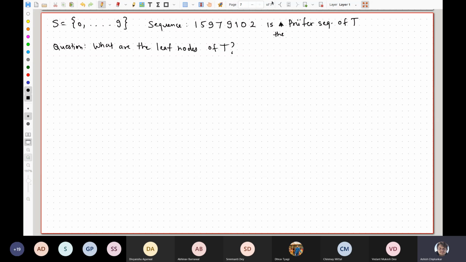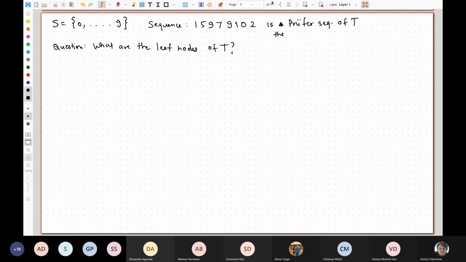Yeah, Dhruv? So at every step we are deleting the leaf node which has the smallest value. Correct. So at every point there exist at least 2 leaf nodes, so we cannot delete 9 at any point of time. Good point.